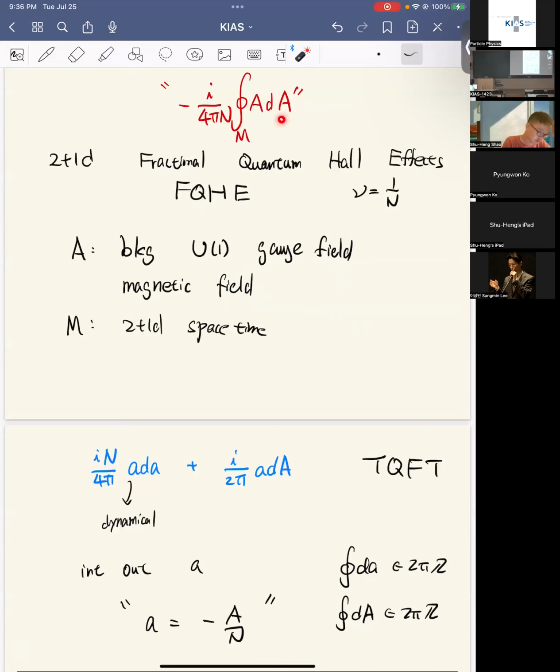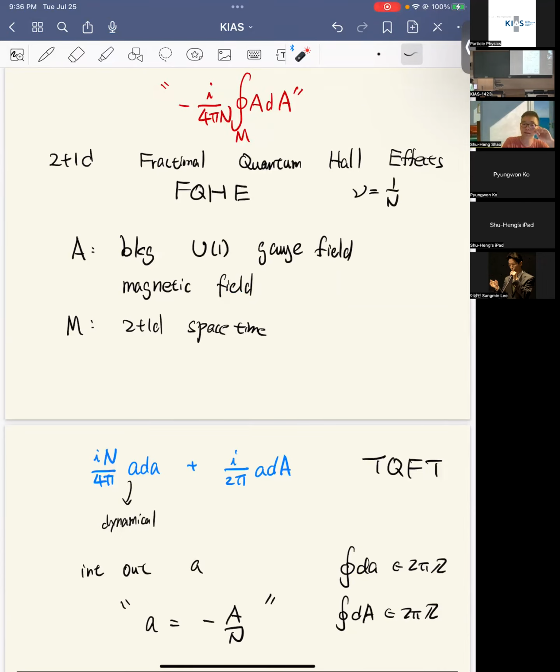I'm saying that the red action and the blue action are locally equivalent, but they are not globally equivalent. In fact, the red action is not even globally well defined because it's not gauge invariant. So the globally precise gauge invariant action is the blue one. And that's why I always keep the globally ill-defined action in quotation marks.